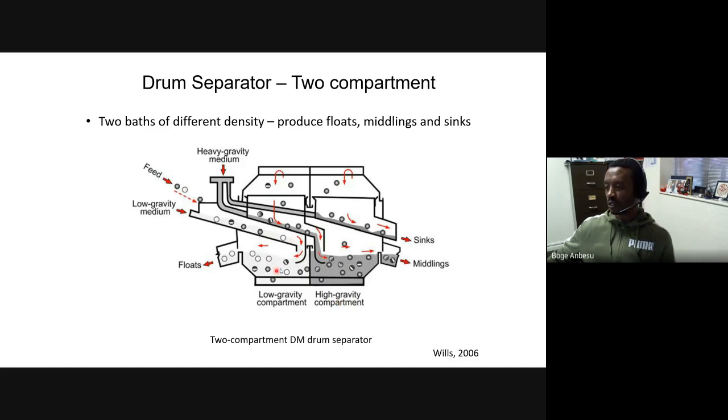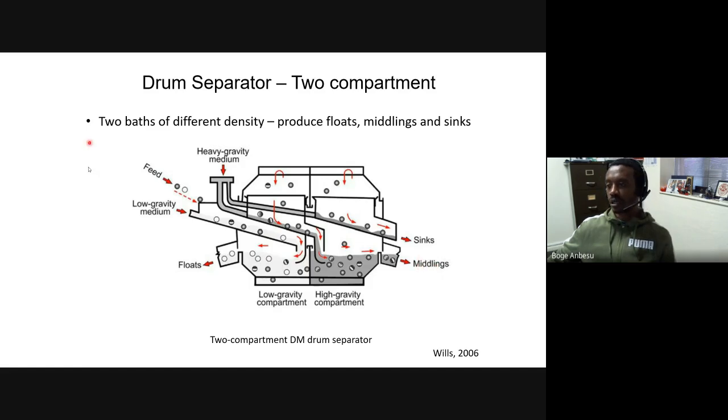So whatever sank in the first compartment, but with only intermediate density, will start to float. We call them middlings. And whatever sinks in this second compartment are only the densest particles. So if the particles are really dense, they will still sink in this compartment and they will be removed just like the previous mechanism, while the intermediate particles, specific gravity that is, will be removed as middlings.